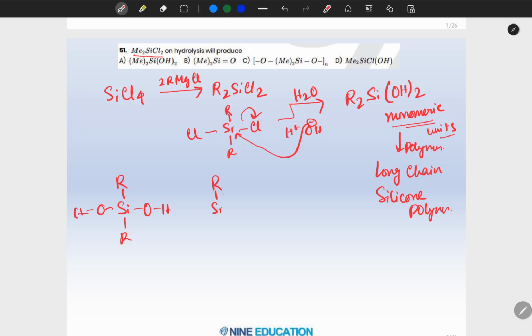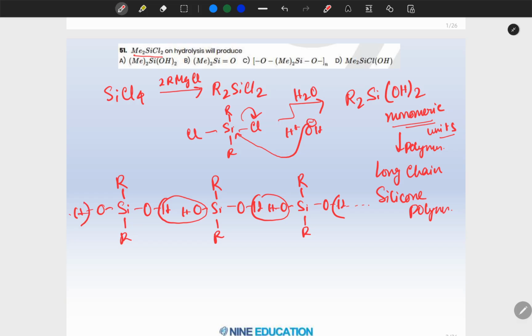Similarly, there will be more neighboring molecules like this, right? Again SiR2OH. In this way the monomers will combine along with the elimination of water, and that's why we are supposed to get a long chain polymer like this.